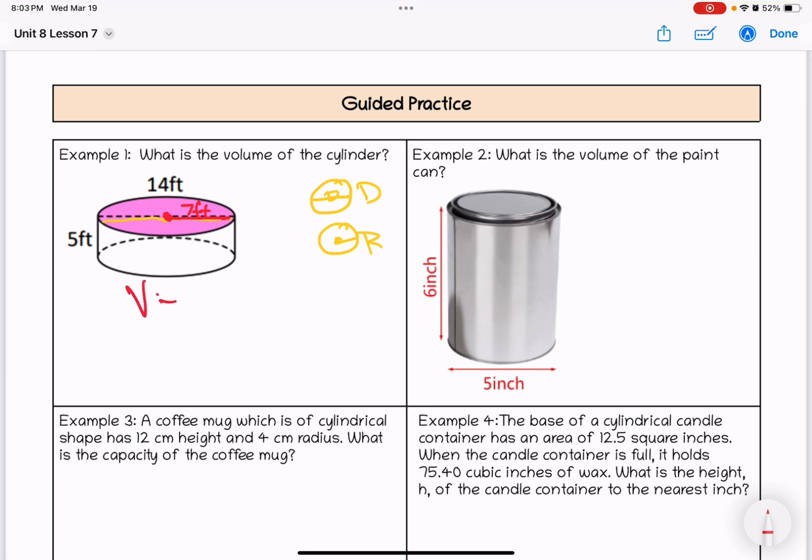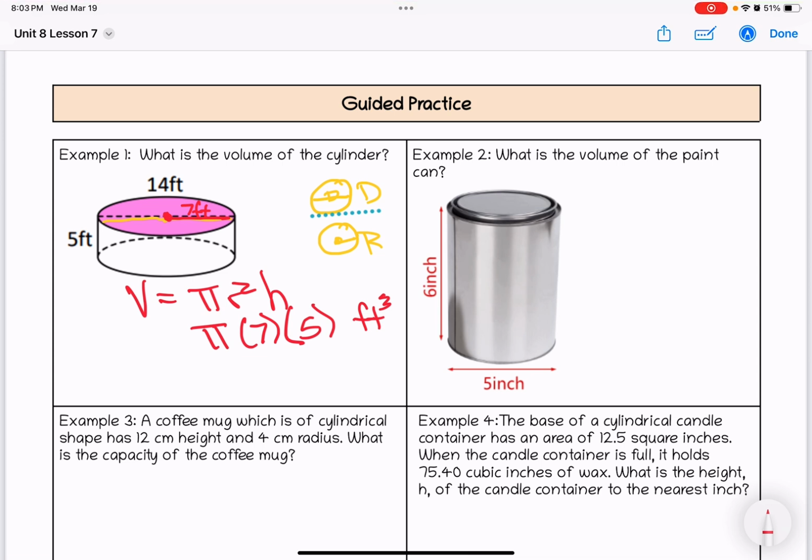So with my volume, pi r squared times height, we know what pi is. My r is 7, and my height is 5. And my answer is going to be feet cubed.